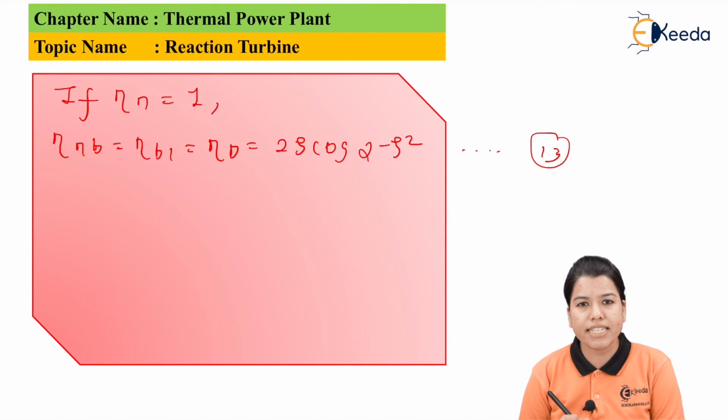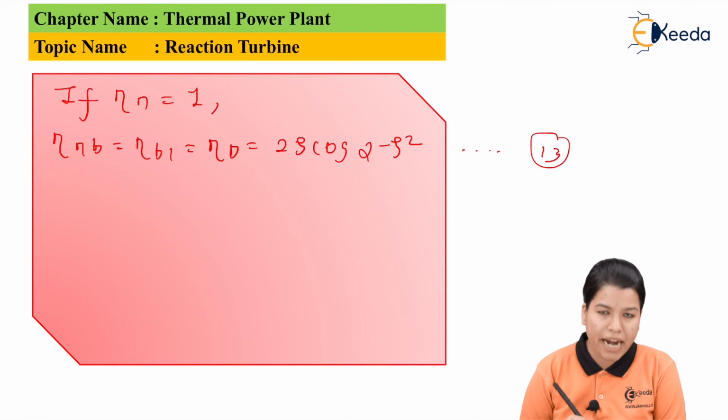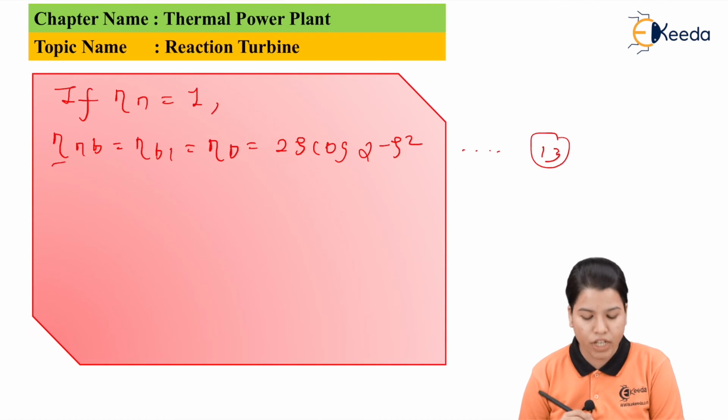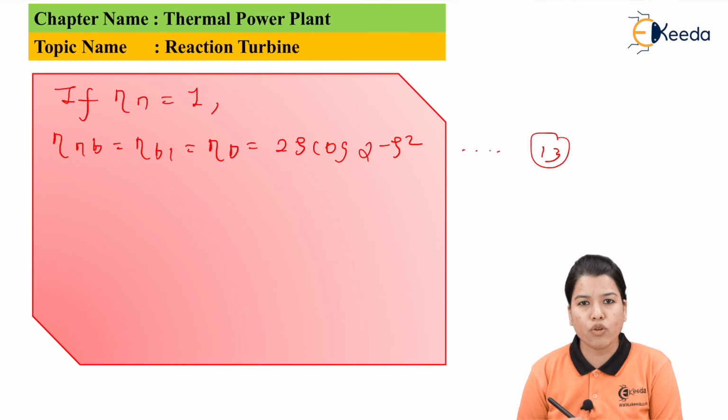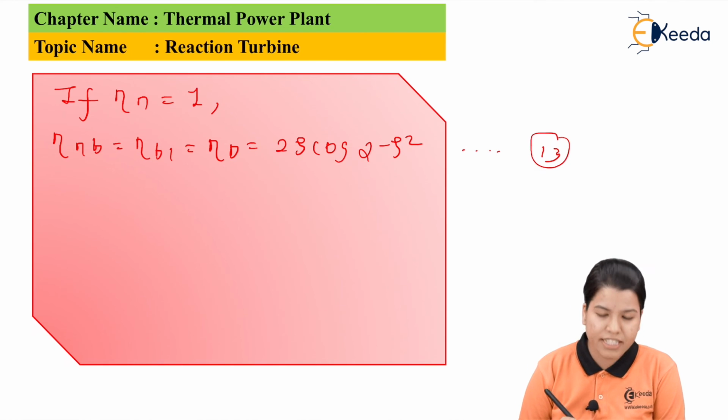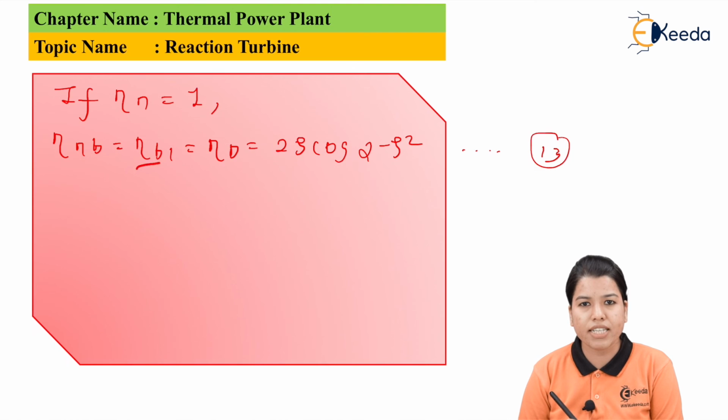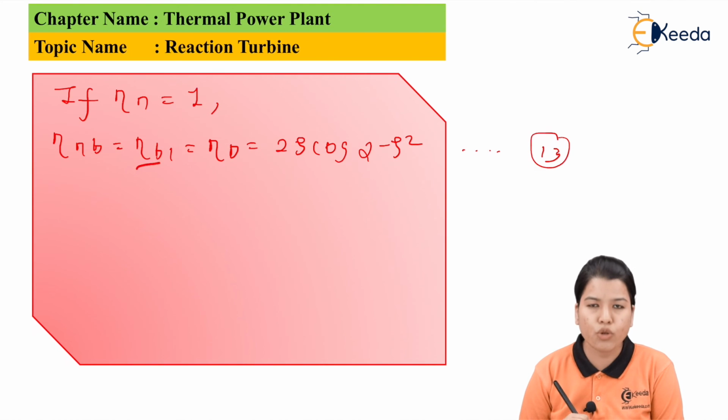If nozzle efficiency is equal to 1, then the combined efficiency of the nozzle and blade is equal to efficiency B1, which is equal to diagram efficiency, that is efficiency D, equal to 2 rho cos of alpha minus rho square.